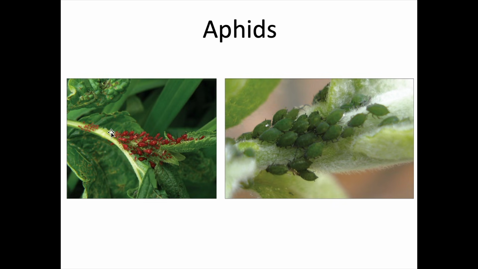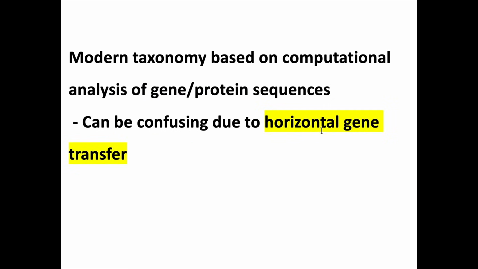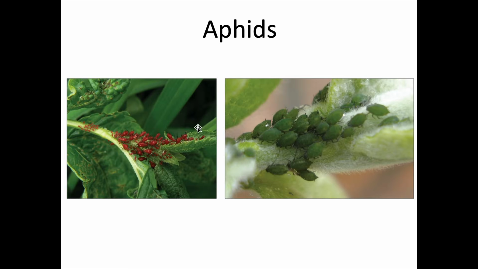And genes just jumping from one species to another doesn't happen very often in animals, but it happened here. That's what horizontal gene transfer is. It got this pigment gene not from its ancestor, but from something else, from a fungus in its environment.